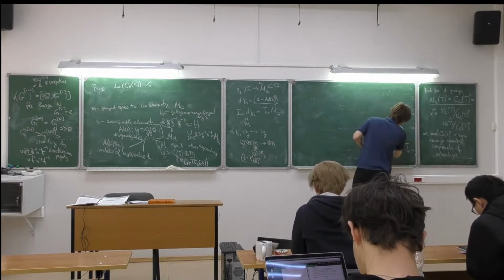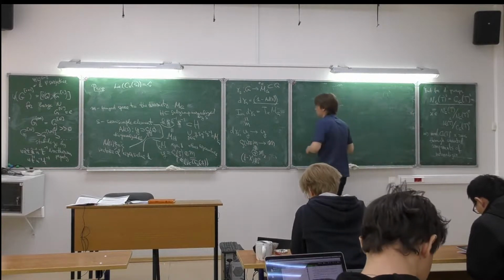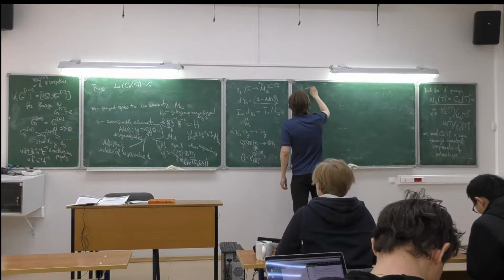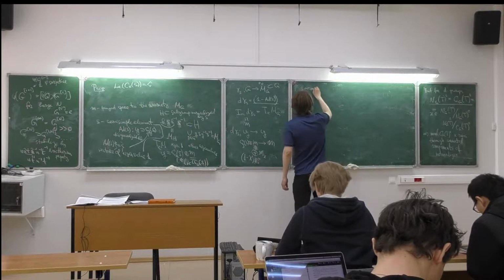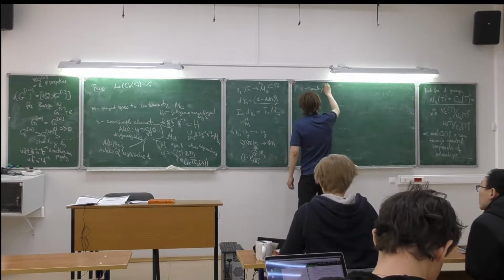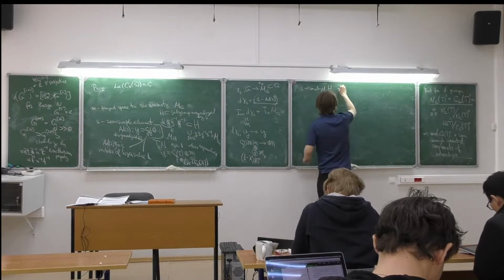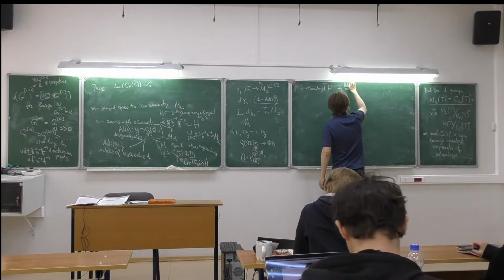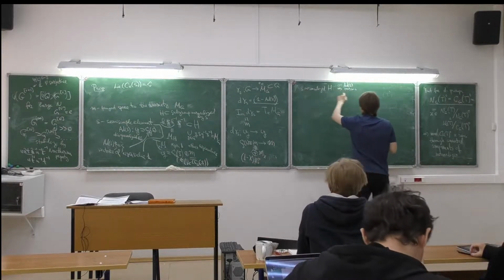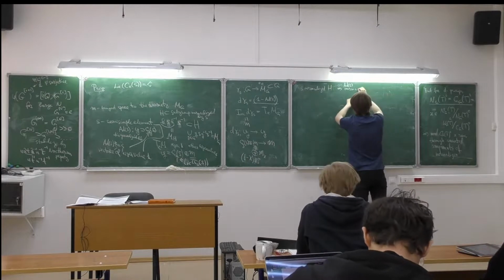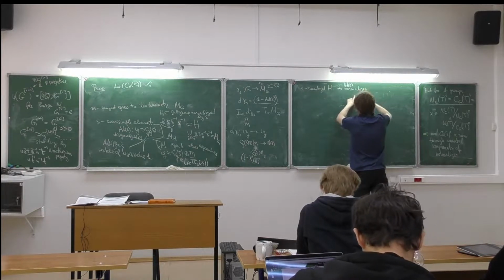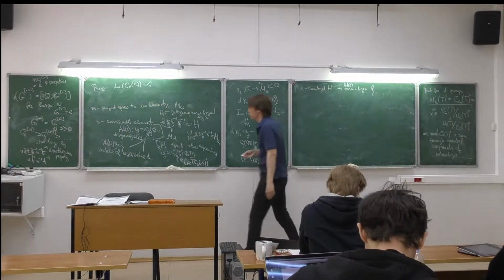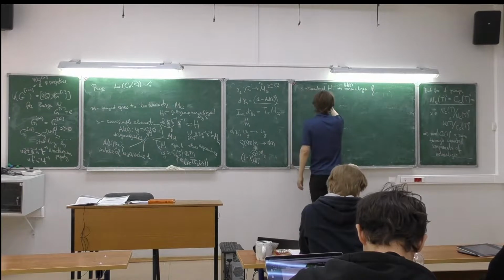So if S normalizes H, the adjoint action of S, which is the differential of this action by conjugation, normalizes the Lie algebra of H.